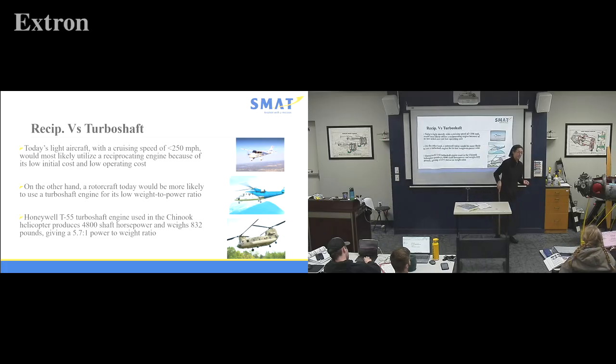Ryan calls them a sheet metal engine, but if anything goes wrong, extremely expensive, much more expensive than a reciprocating engine. So when it's Joe Schmo wanting to fly around, recip is much more cost effective. However, these turbines have a fantastic weight to power ratio, a lot of power for a much lighter weight.